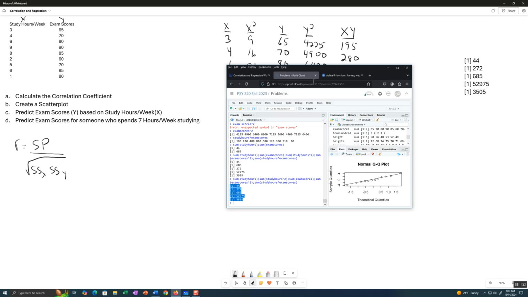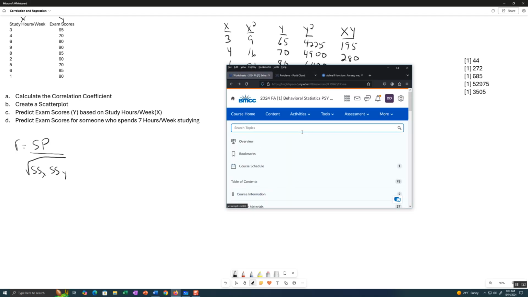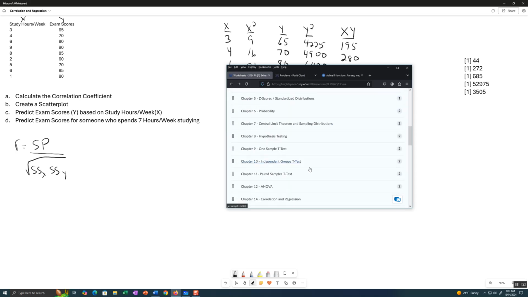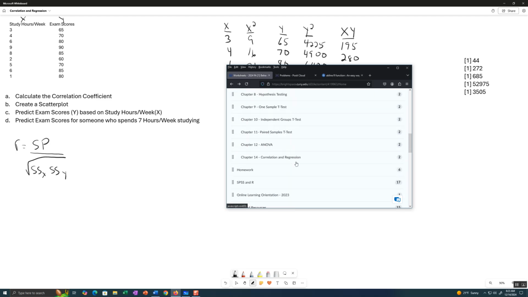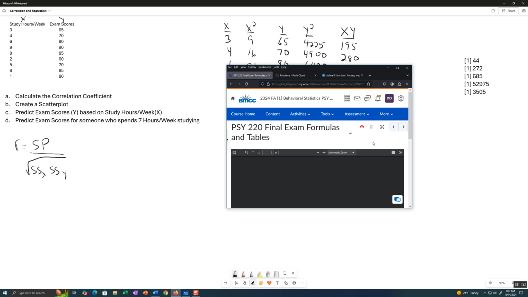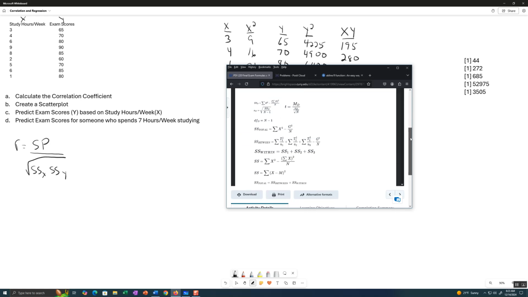Just going to check to make sure that formula is correct. Let's get the formula sheet out again. That is in the study guide. That formula is correct.